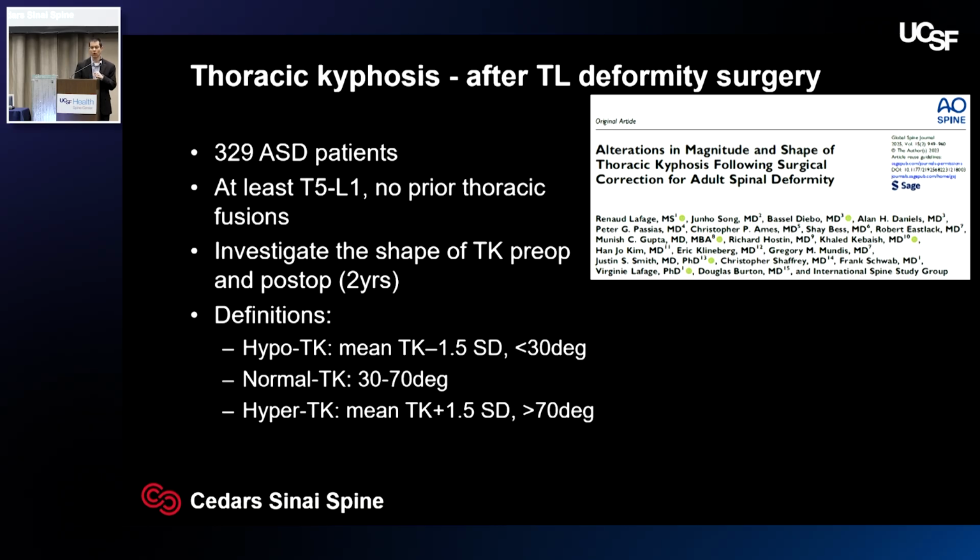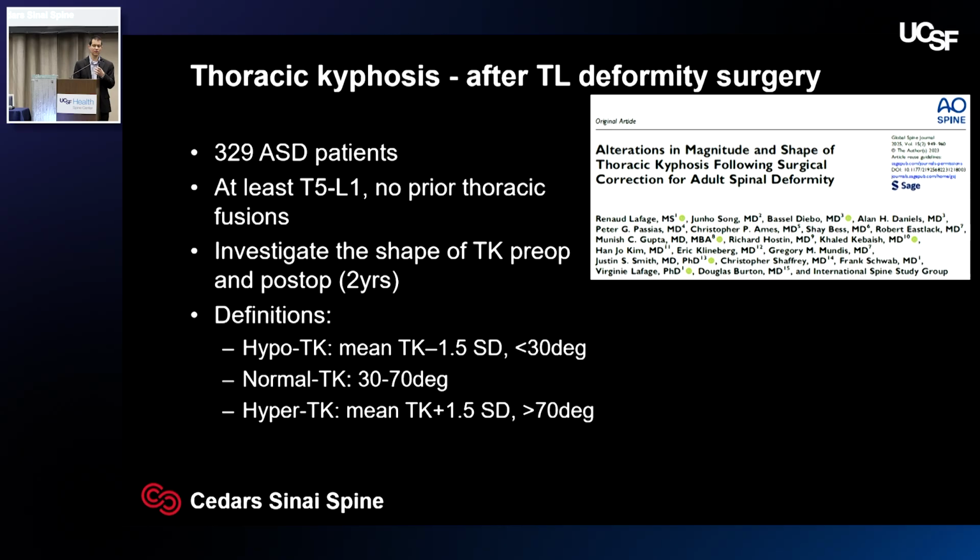Now, what happens to the thoracic spine in thoracolumbar deformity surgery, specifically the spine and the shape? This was a nice study by ISSG looking at 329 patients fused from T5 to L1, with no prior thoracic fusions. They looked at the shape of the thoracic spine before and after surgery, and categorized them as hypo, normal, and hyperthoracic kyphosis.